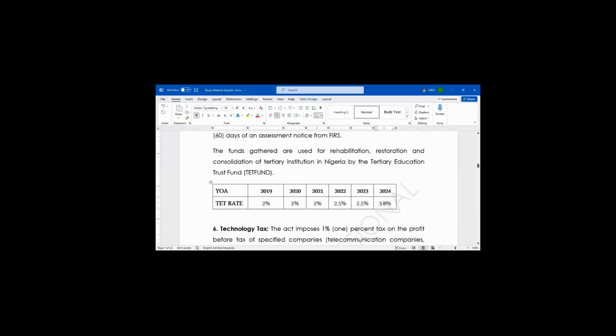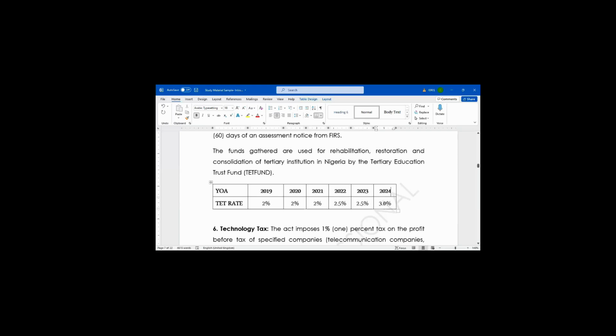So as at present, the present rate of education tax is 3%. But in an exam, if you are given a question where the year of assessment is 2020, what rate are you going to use for education tax? 2%. What if the year of assessment is 2022? 2.5%. So please, you need to know that.